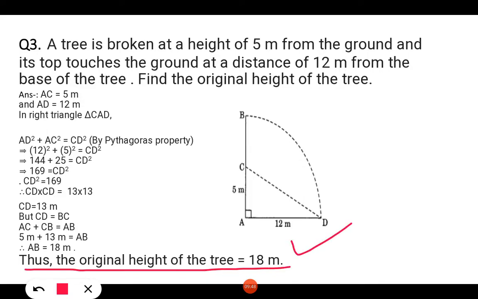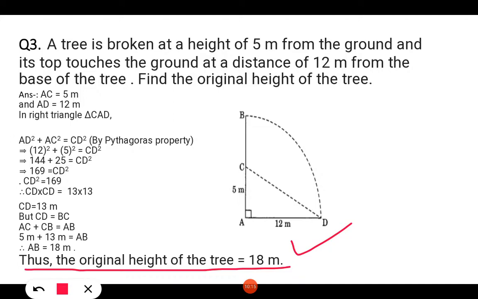So students, we have solved 3 problems based upon Pythagoras property. Hope you have understood Pythagoras property and also how to apply it to solve problems.